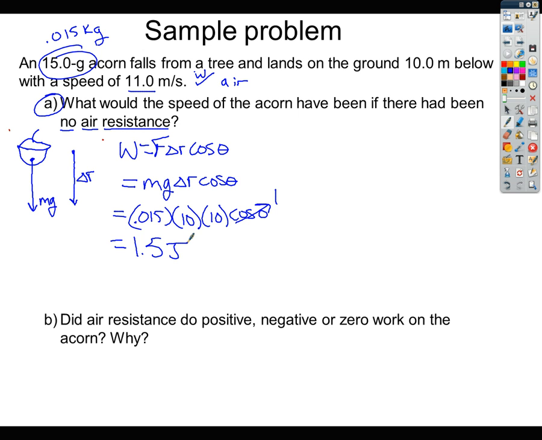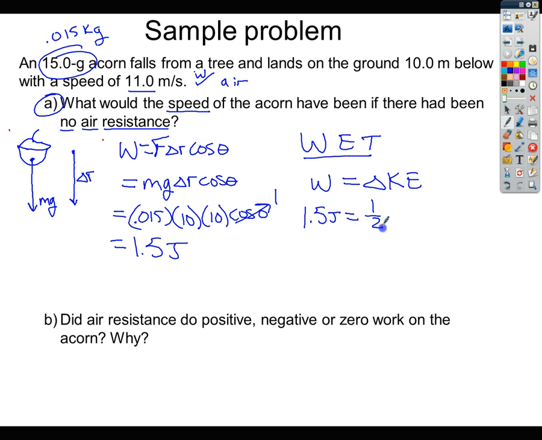The problem is they didn't ask us for work, they asked us for speed. The work-energy theorem, or WET as I sometimes call it, says that work is equal to the change in the kinetic energy of a system. So let's plug everything in. We know that 1.5 joules is the work.